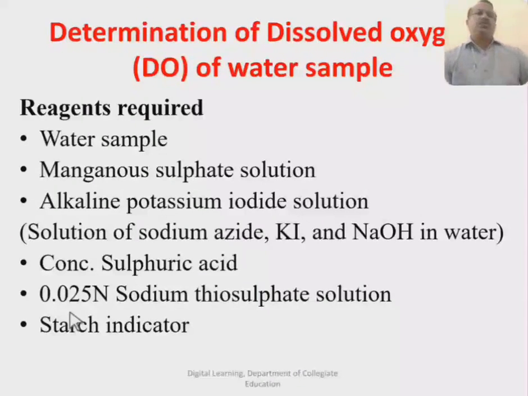The reagents used for the determination of dissolved oxygen of water samples are the water sample, manganese sulfate solution, and alkaline potassium iodide solution.